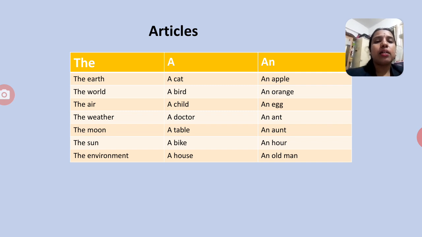The earth, the world, the air, the weather, the moon, the sun, the environment. Again, a cat, a bird, a child, a doctor, a table, a bike, a house. An apple, an orange, an egg, an ant, an aunt, an hour, an old man. These are the examples I have given you.